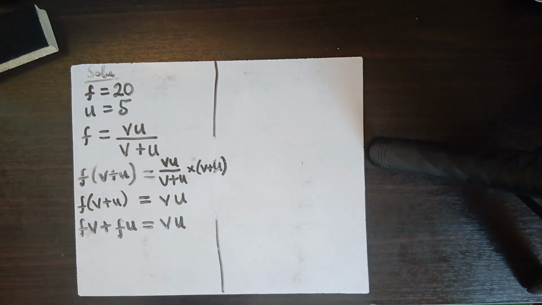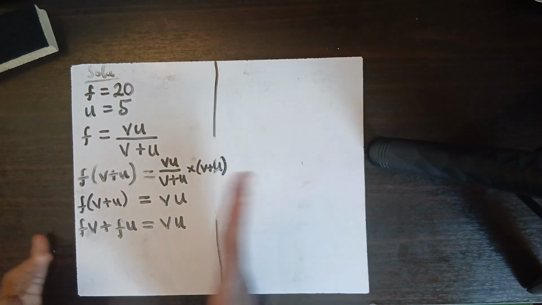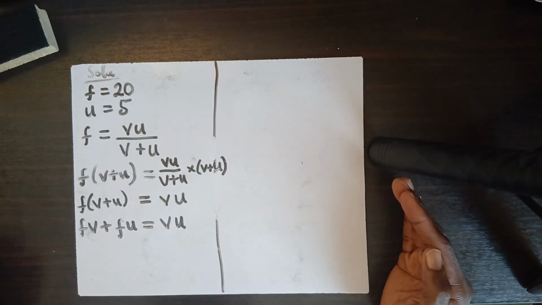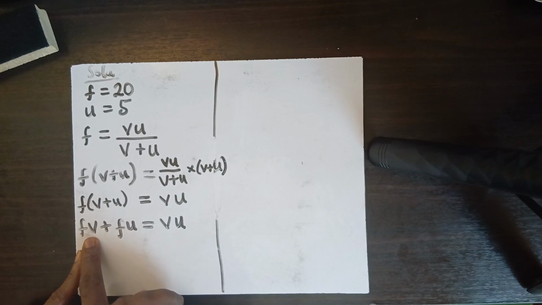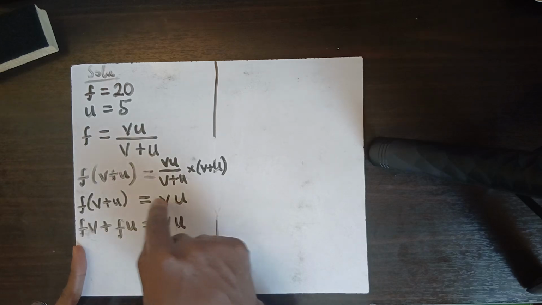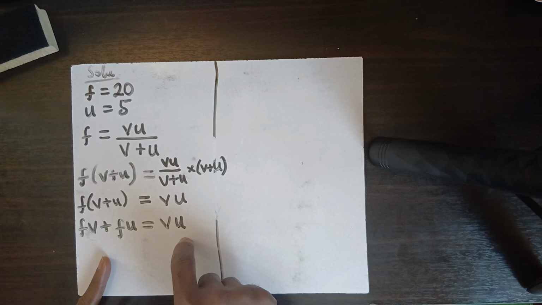Now since we are looking for V, we have to move all the terms that contain V to one side and all other terms to the other side. So this is FV, it contains V, so I need it here. Then this is VU, it also contains V, so I have to move this to this side. And since FU does not contain V, I'll move this F times U to the right hand side.